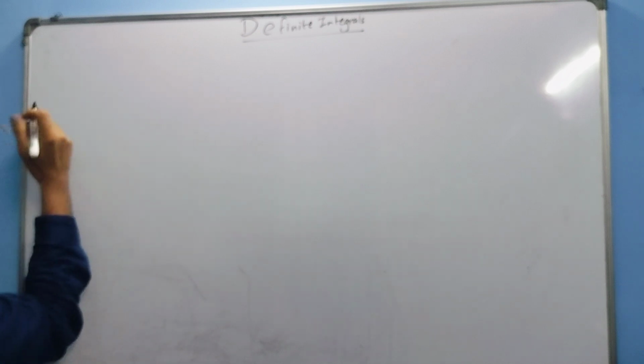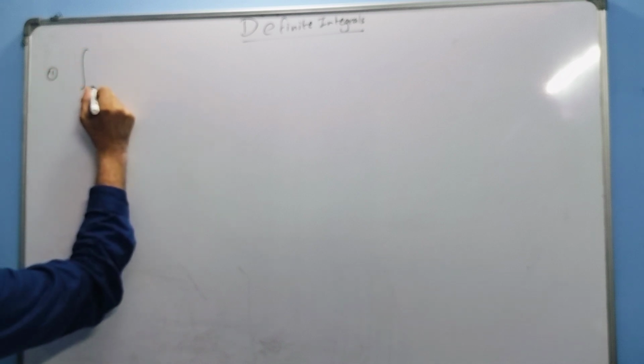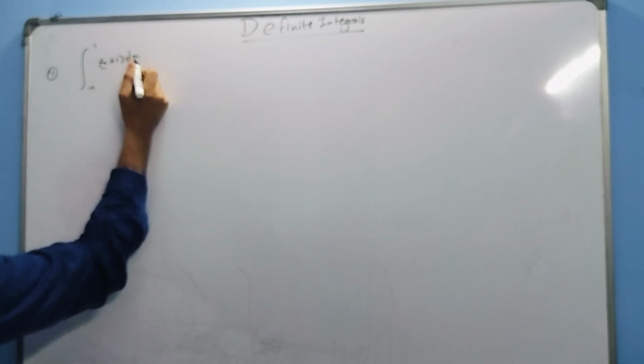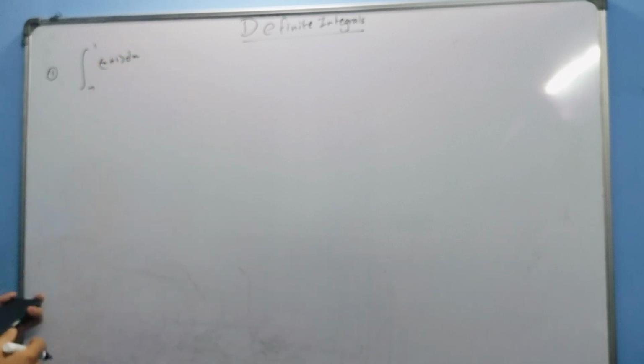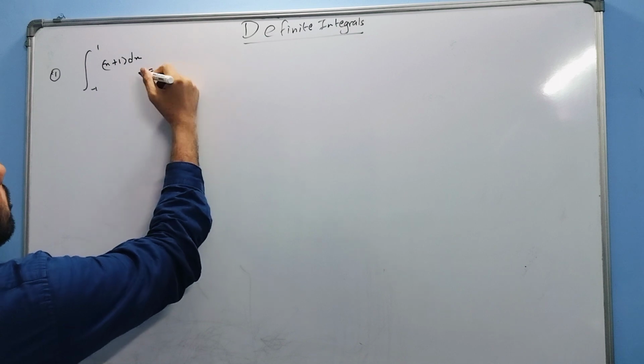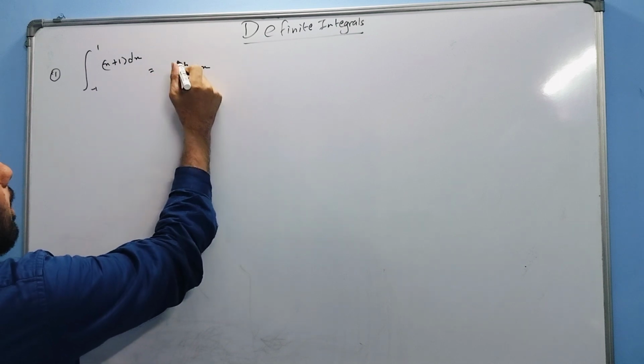So we have the first numerical, that is the integral from -1 to 1 of (x plus 1) dx. Okay, now let us see how we can solve this kind of numerical. First we will integrate. So I got x squared by 2 plus x.